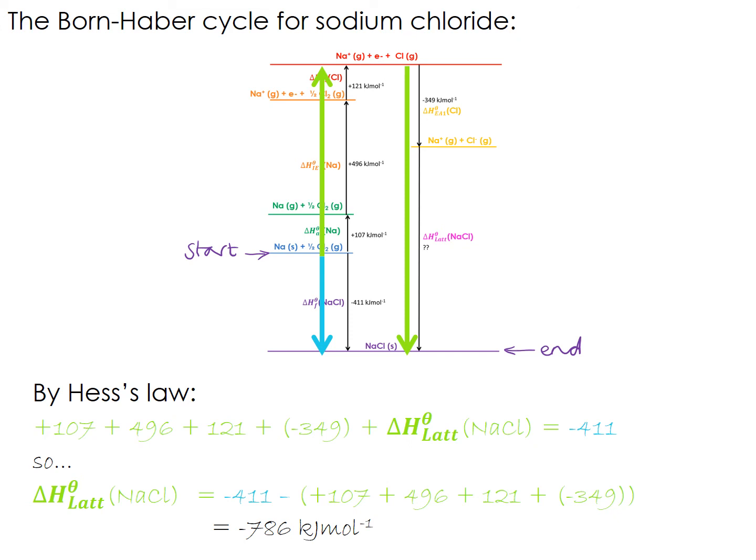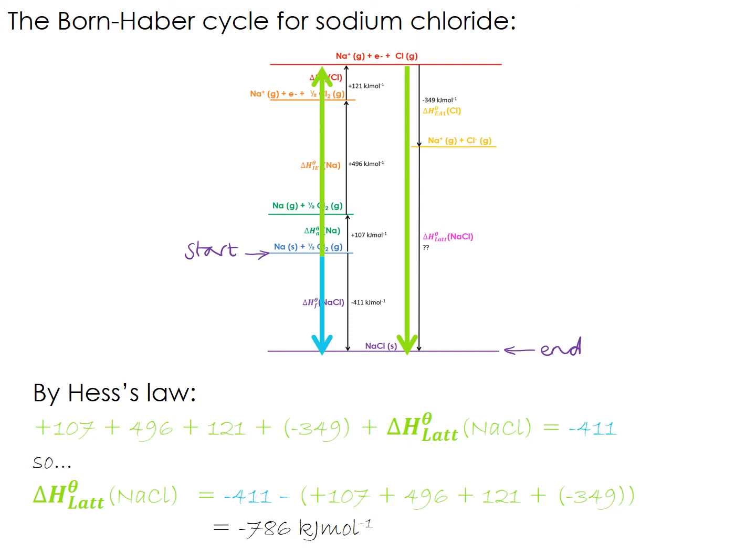Or, alternatively, we could go directly from those elements under standard states and standard conditions to the 1 mole of the compound forming using the standard enthalpy change of formation for that particular compound. So by Hess's law, the plus 107, plus 496, plus 121, plus the minus 349, plus the standard enthalpy change of lattice formation, all adds up to be the same thing as minus 411 kilojoules per mole.